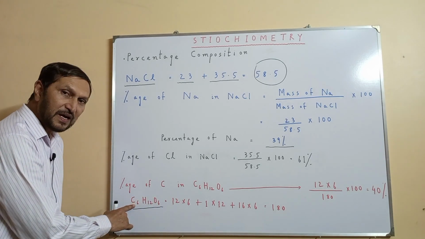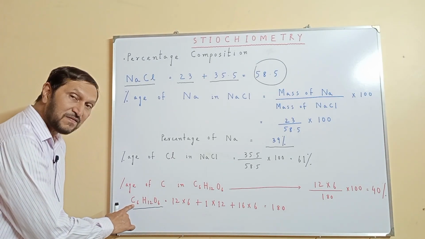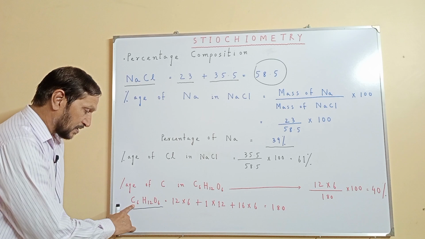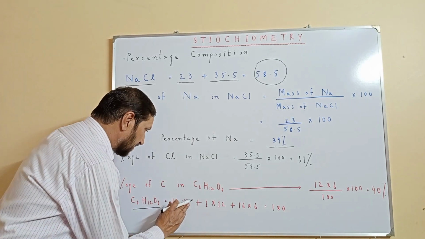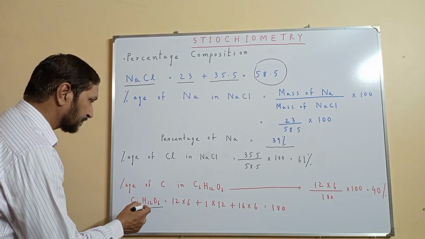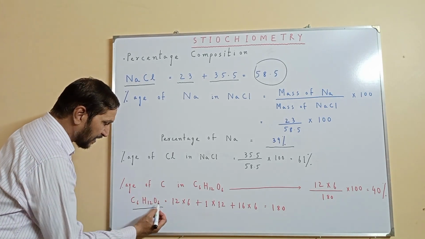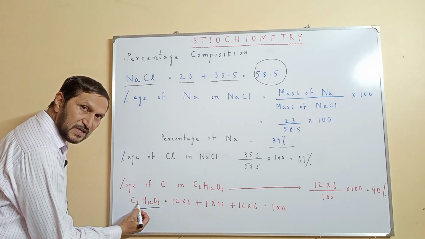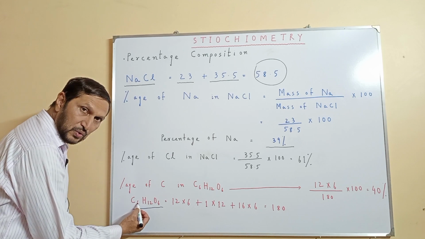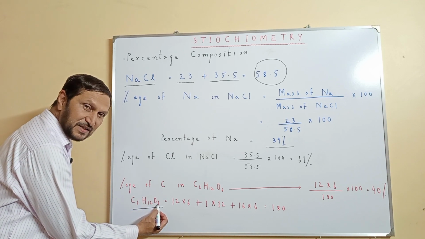How many carbon atoms are there in this formula? 6 carbon atoms in glucose, and 12 hydrogen atoms and 6 oxygen atoms.